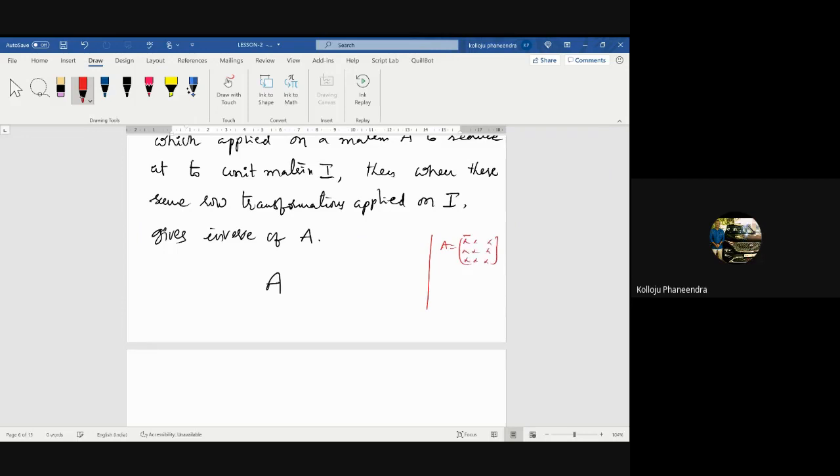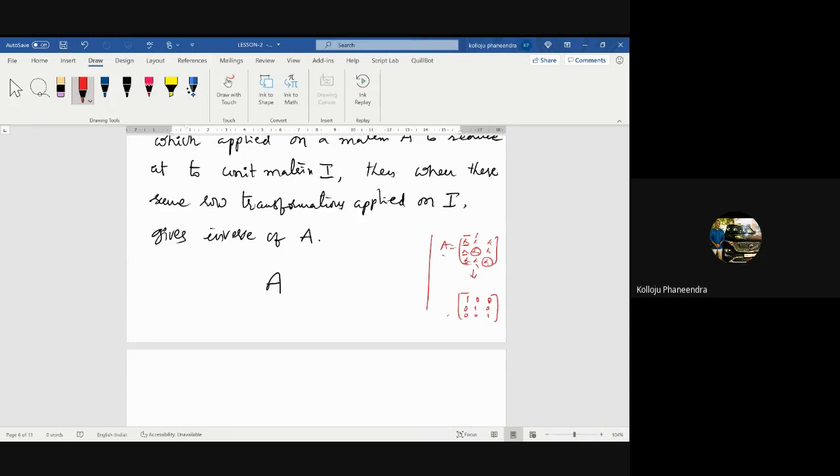Using row operations, can I reduce it to I? I means the identity matrix: 1 0 0, 0 1 0, 0 0 1. How to convert A to I? Convert this position to 1, then make these two positions 0 using row operations, then convert this to 1, using this convert this to 0, this to 0, then this 1, then this to 0. So any matrix can be transformed to identity matrix by applying elementary row transformations.